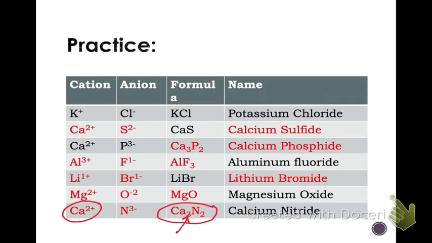And remember, those subscripts tell me how many I need for each of the ions in order to get an overall 0 charge in the compound. So this means that I need 3 calciums and 2 nitrogens. That's going to be 0. That's what my formula means, right?